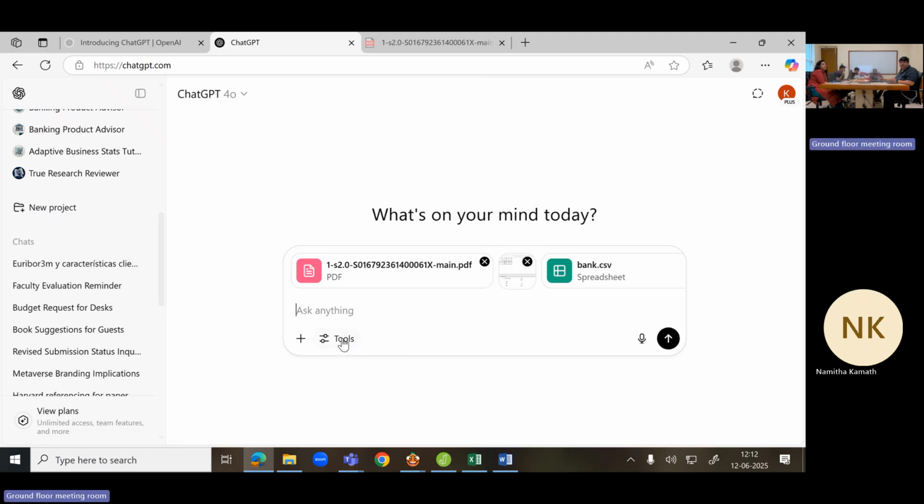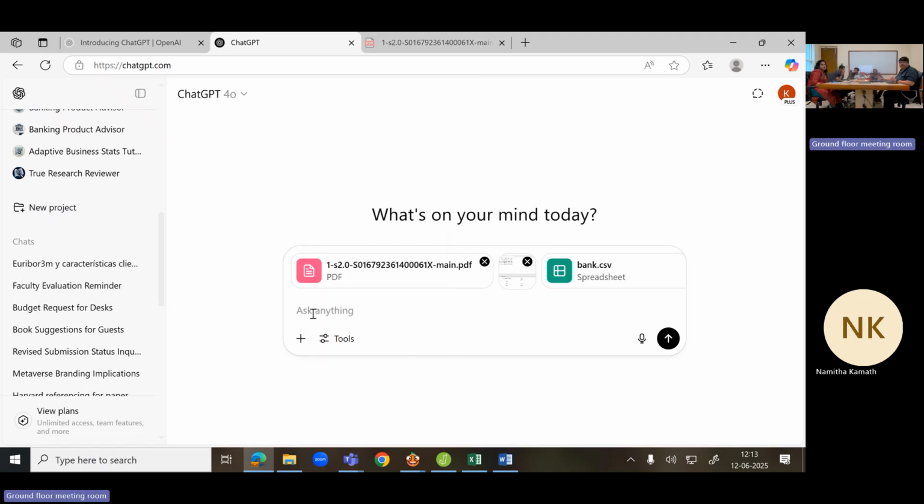Now, of course, these days in both ChatGPT and this, they have given this option of research and deep research. So you can use this. It will take some time, but it does a pretty good job.